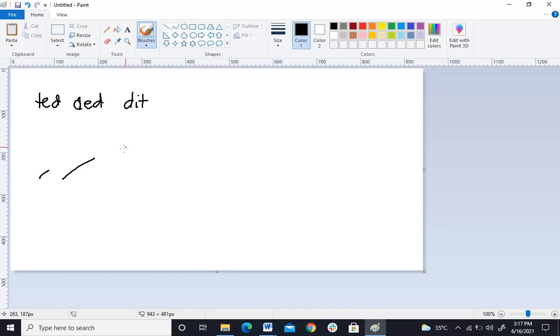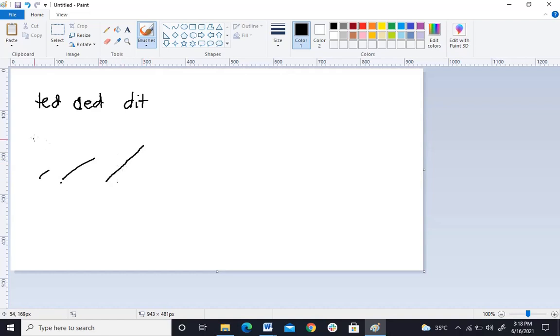Ngayon, kung TED and DED and DIT yung itra-transcribe mo into shorthand, or yung ita-take note mo from speech to shorthand, ang magiging stroke niyan is yung pinagdugtong na T and D. Okay? So, pagdugtungin mo yan, syempre, ang magiging resulta niyan, mas mahaba. Yan lang naman yung magiging stroke.